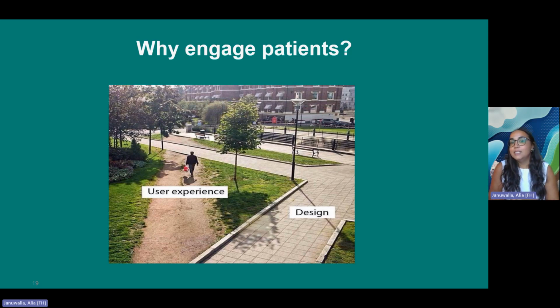And it tends to be the path that most people are taking anyway. And so it's important to consider the patient perspective before you actually implement a program design, a research question, a research study, and those sorts of things.